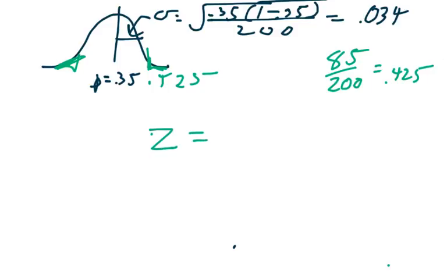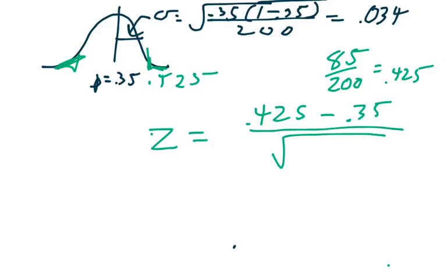So Z equals 0.425 minus 0.35 divided by the square root of 0.35 times 0.65 over 200, which is 2.22.